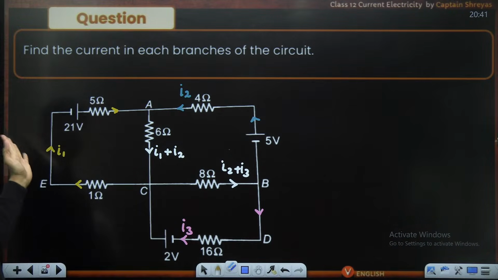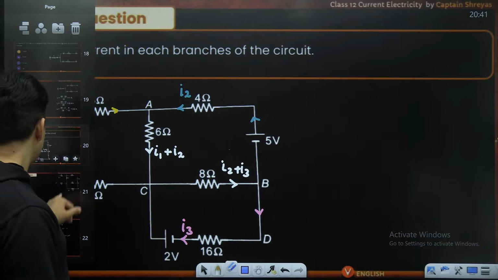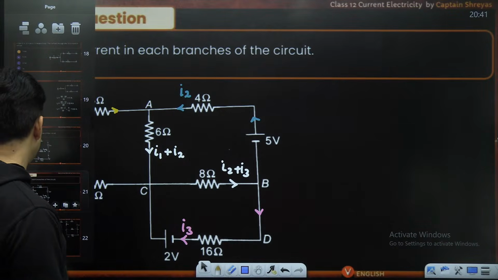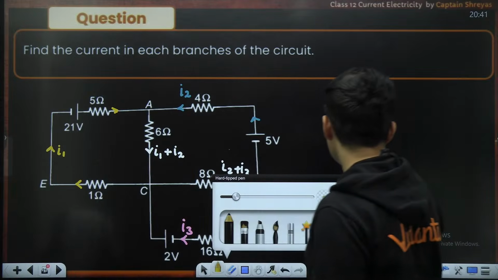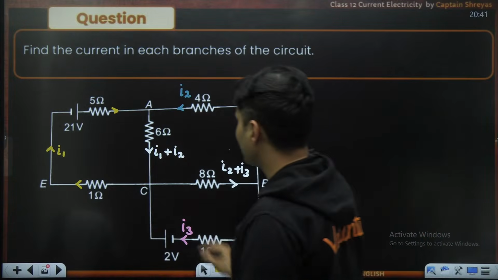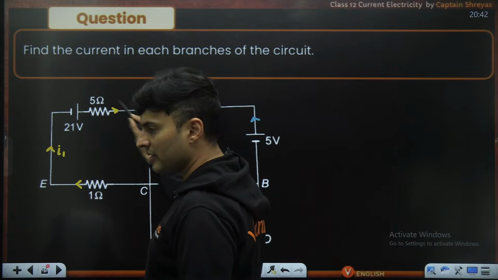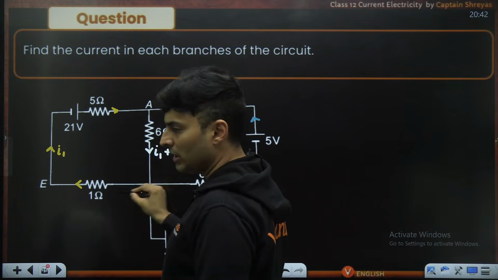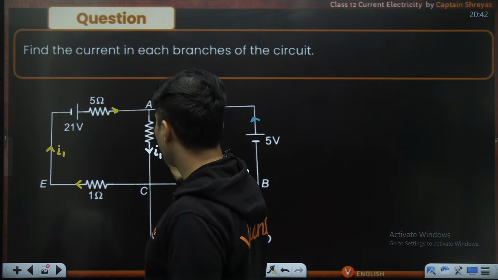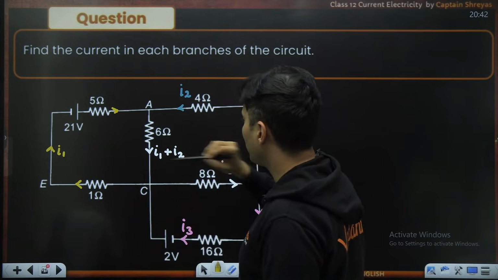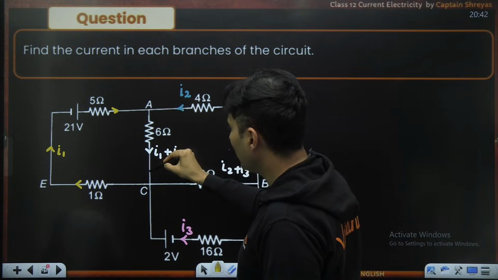Everything I know now. Once I know this, then I can start writing down the equations one by one. So let's start with this loop first. Kirchhoff's voltage law, let me apply. If I apply it for this loop starting from A, how will it look like? Starting only, I'm going in the direction of the current.